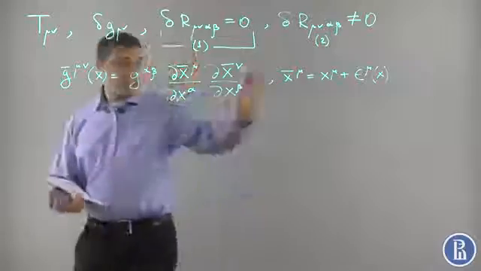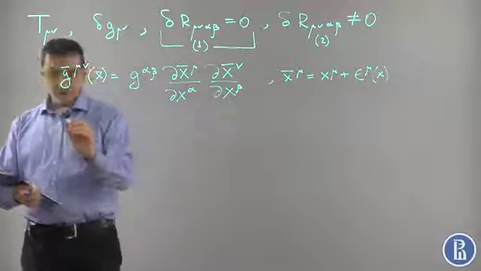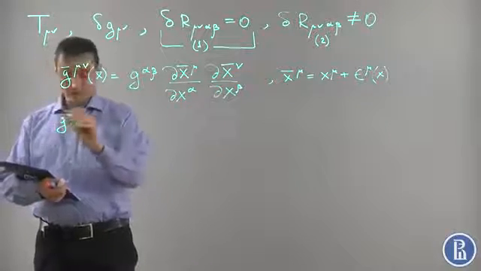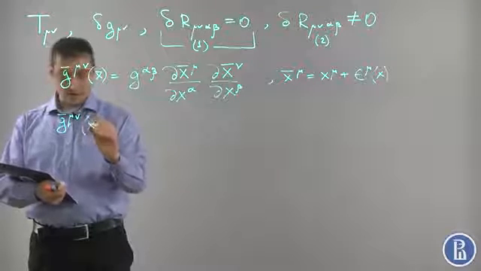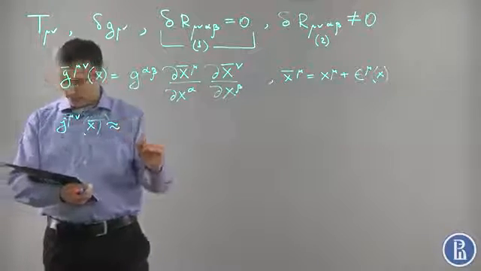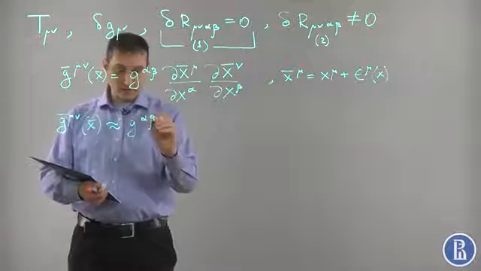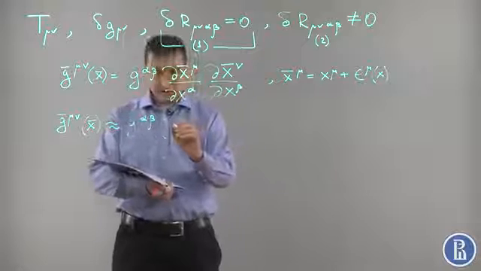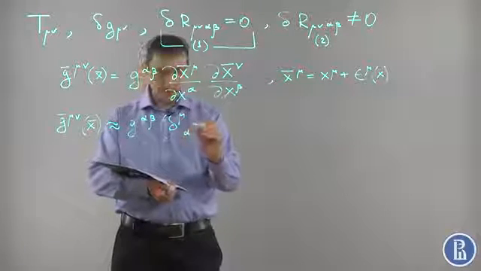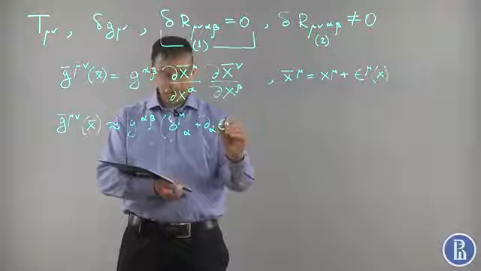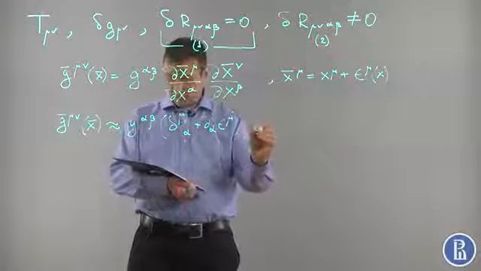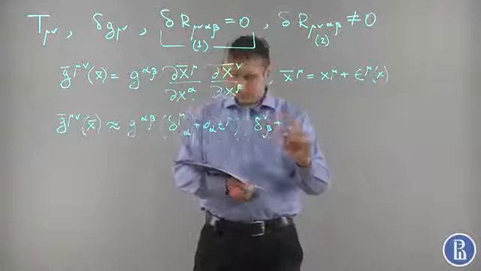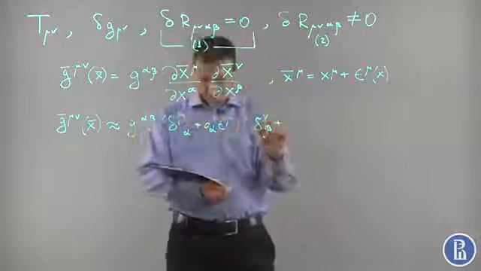Then, from this formula and this formula, we observe, to the linear order in epsilon, that g bar mu nu of x bar is approximately g alpha beta. We care only about the linear order. So it's delta mu alpha plus d alpha epsilon mu, times delta nu beta plus d beta epsilon nu. These are just Kronecker symbols.